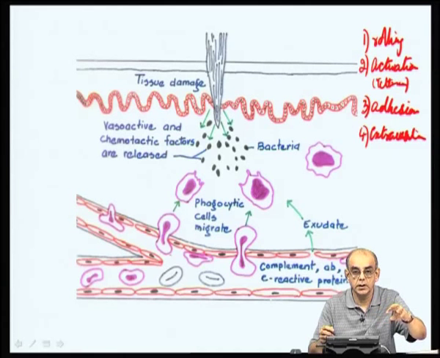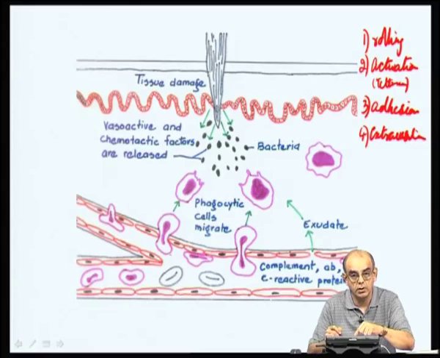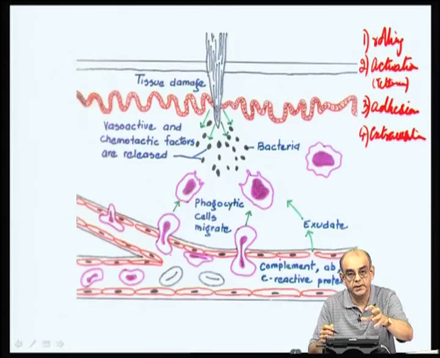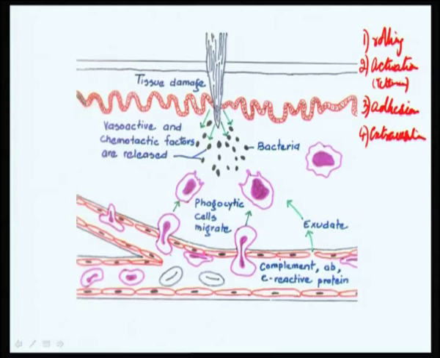So, they are no longer rolling on the blood vessel wall, but they are now stopping at that point, and during this process a variety of signaling processes are taking place in this cell that is adhering to the endothelial wall.